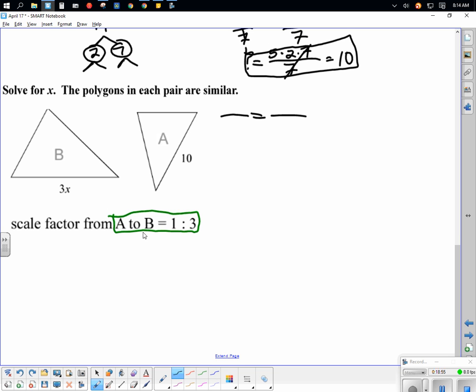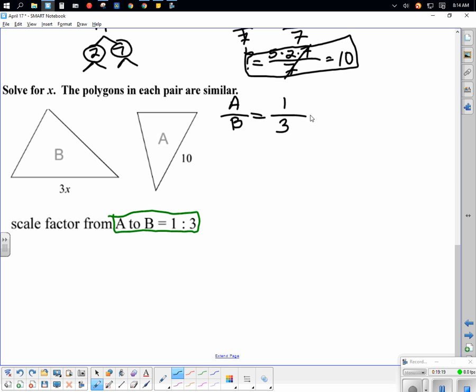This is a fraction, so that should be a to b, and this is the other fraction. The way we read this, we don't say 1 colon 3, we say 1 to 3. Now if you notice there's no x in here, I cannot solve for x.